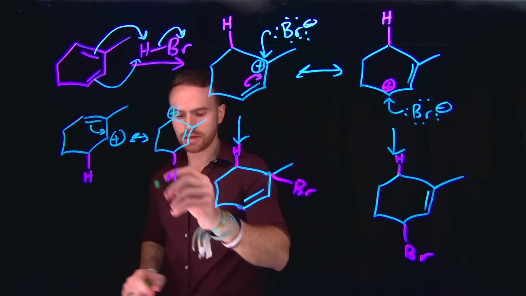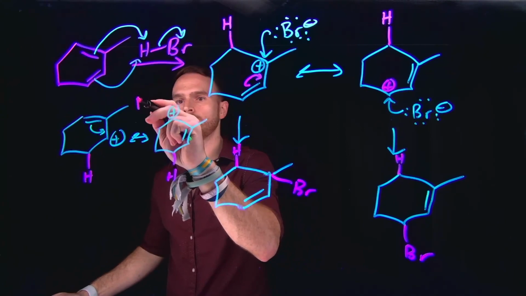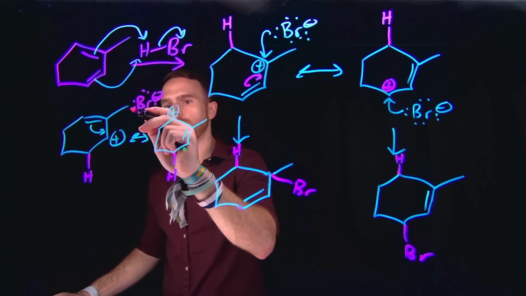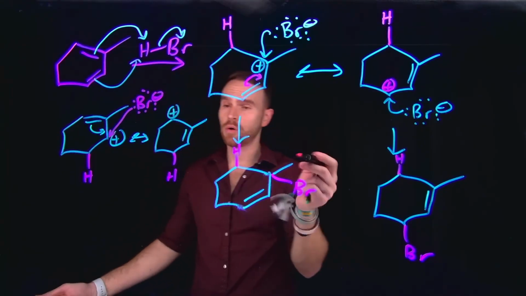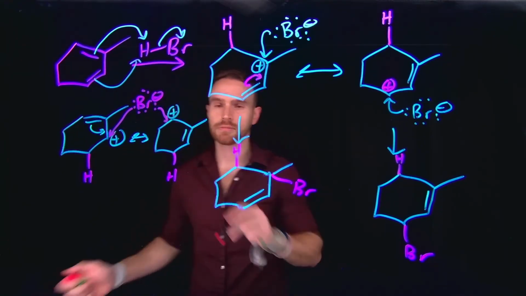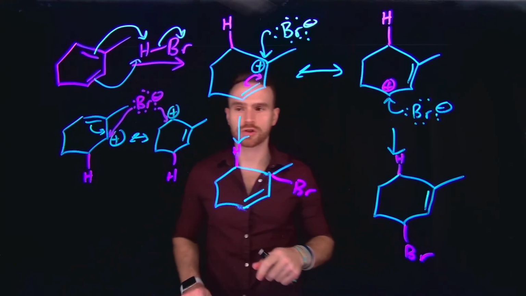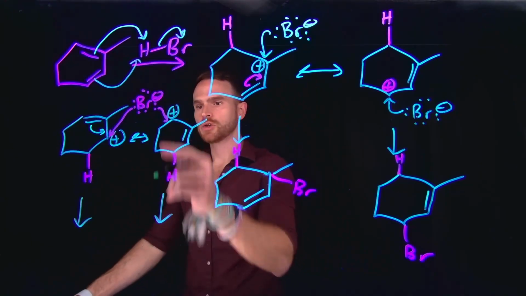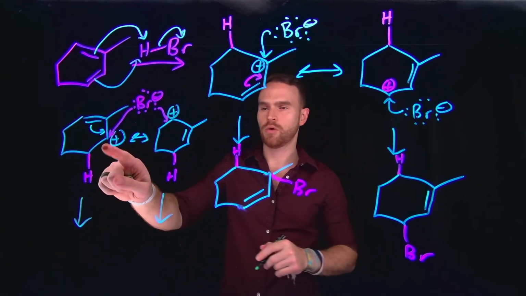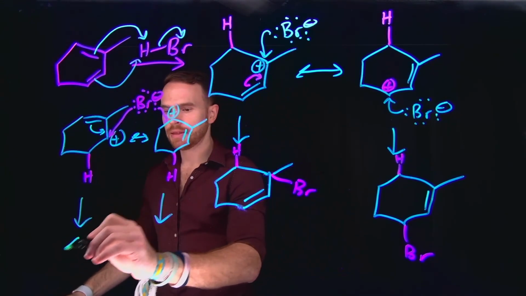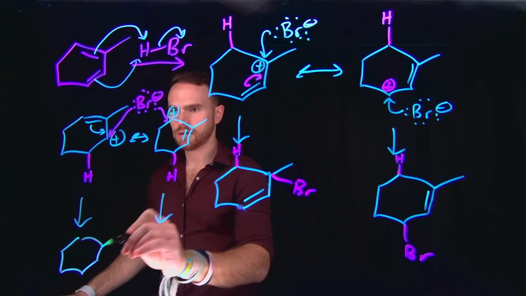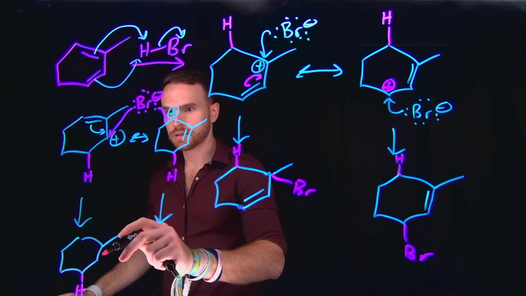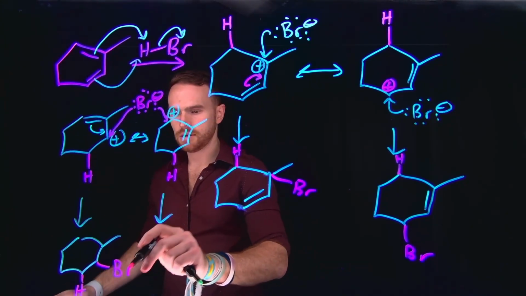So now the bromide ion can either come and attack at this position, or it could attack at this position, depending on which molecule is in your solution. This is going to generate 2 different products. So if it attacks at this position, ortho to the methyl group, then we would generate a product that looks like this.